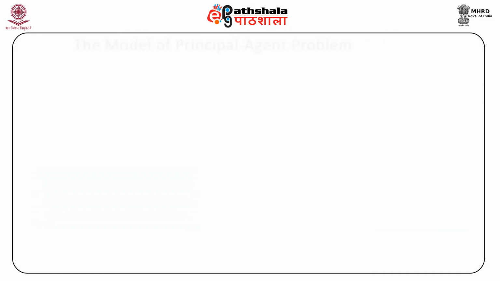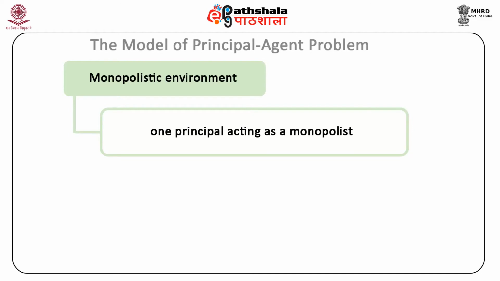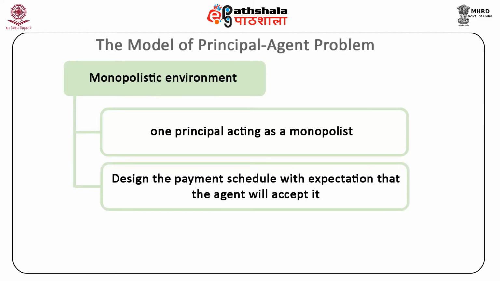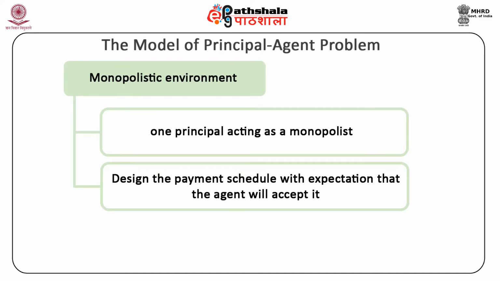There are two kinds of principal agent environment. One is the monopolistic environment and another is the competitive environment. In the monopolistic environment, there is one principal acting as a monopolist. His responsibility is to design the payment schedule with the expectation that the agent will accept it.